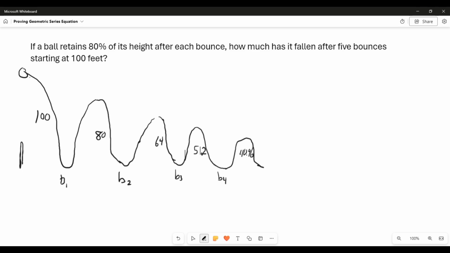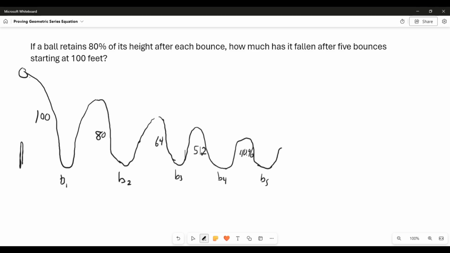And now here comes bounce 5. The bounce is coming from the height down. So I don't even care, because look at this, 100 feet, and then it stops. So we added that 100 from the bounce. 80, 64, 51, 40.